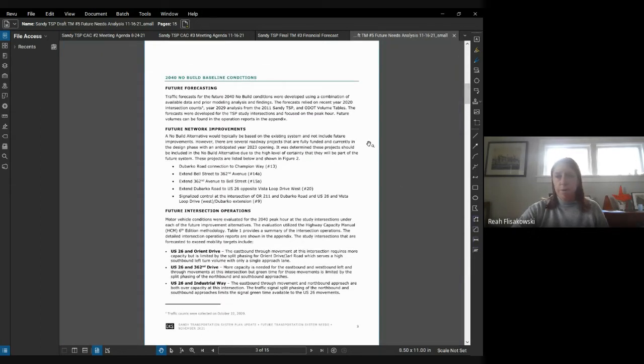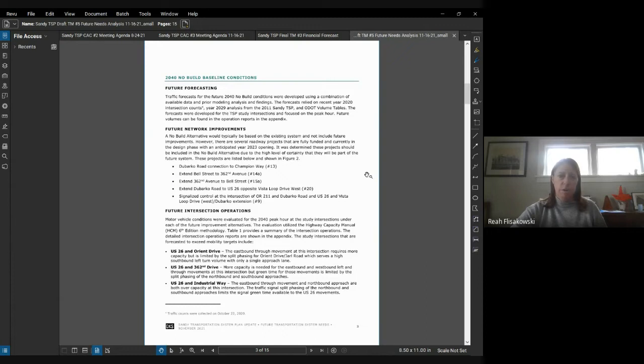And this is just a little bit of background. I will say we're borrowing very heavily from the bypass study that we had worked on, because to do all of that work we had to do year 2040 motor vehicle performance and operations analysis at the study intersections. The TSP is based on that same work for consistency. So we're using the same 2040 future volumes from that work, and the same network improvements for some different scenarios that we're looking at.